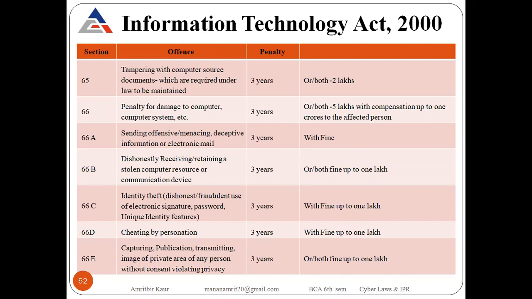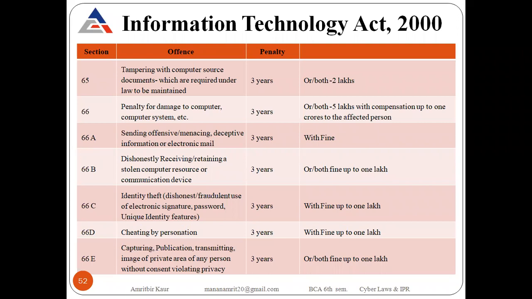For example, you create a page, say the net banking login of HDFC. You create the same page and steal information from the users. In that case, the penalty is 3-year imprisonment plus up to 1 lakh fine.